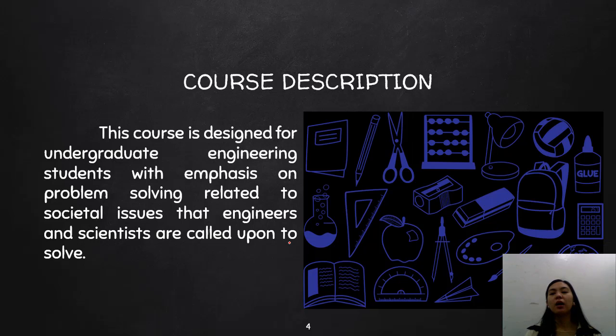Basically, before in our curriculum, we called this course your probability and statistics. You already covered probability and statistics in some parts of your Math 100 course, but this time, we'll be going in depth of those statistical tools that are being used in different types of researches.